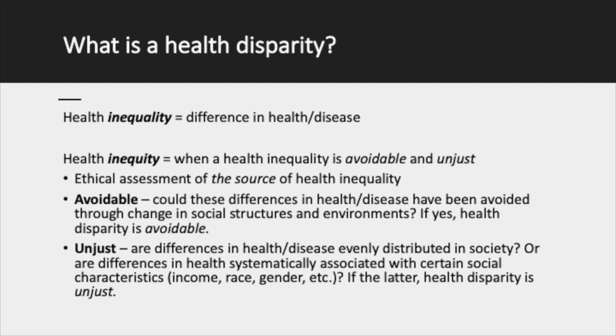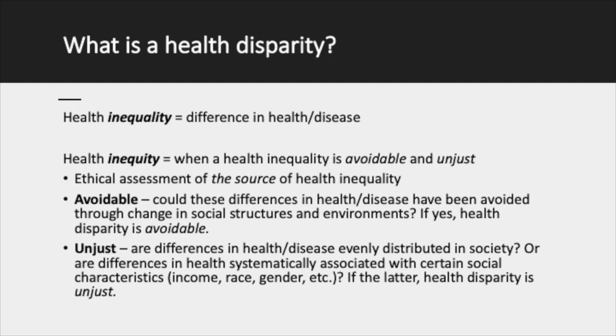The second term here is unjust. I think we all have heard unjust or injustice. Here we're assessing whether differences in health or disease are evenly distributed in society, or if there are differences in health that are systematically associated with certain social groups or characteristics.